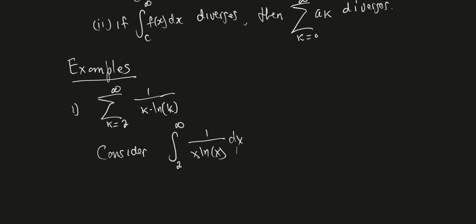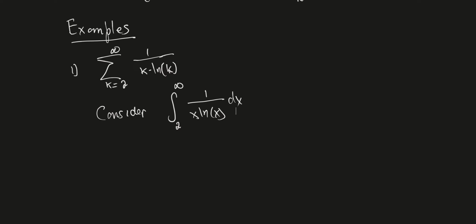And we're going to apply our two-step process for evaluating an improper integral. So we're first going to do our area function, from 2 to b, of 1 over x times the natural log of x dx. And then the question is, what do I do to integrate this?